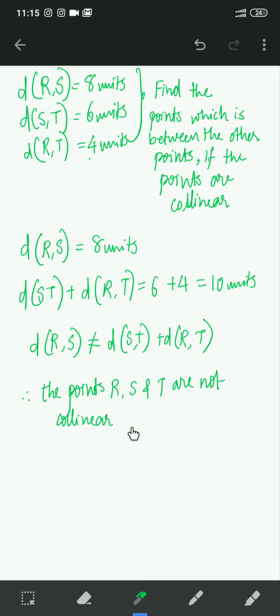So therefore I cannot say which point is in between. So we cannot say which point is in between which one. Therefore, how do I write that?